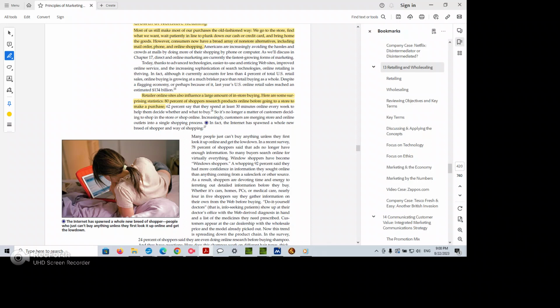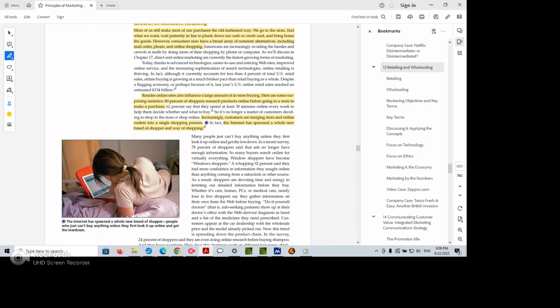62% of them say they spend at least 30 minutes online every week to help them decide what they want to buy. So it's no longer a matter of the customer deciding to shop in the store or shop online. Increasingly, customers are merging store and online outlets into a single shopping process. In fact, the internet has spawned a whole new breed of shopper.